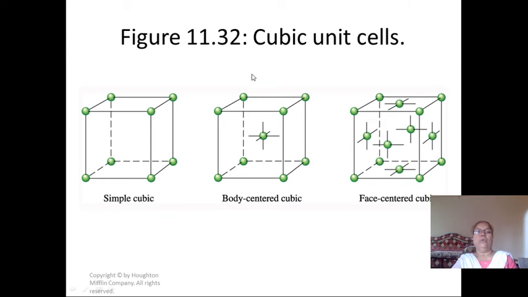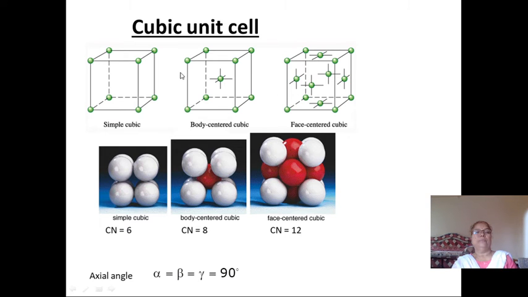Okay, so you have studied the simple cubic structure: simple cubic, body centered cubic, and face centered cubic. These are the cubic unit cells.